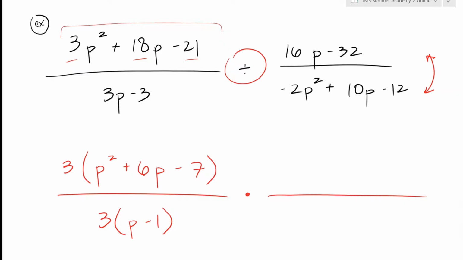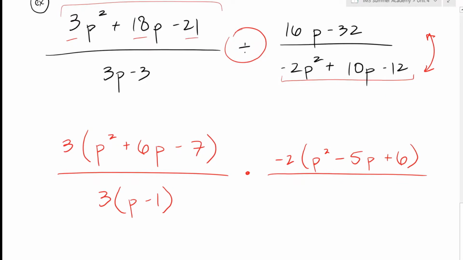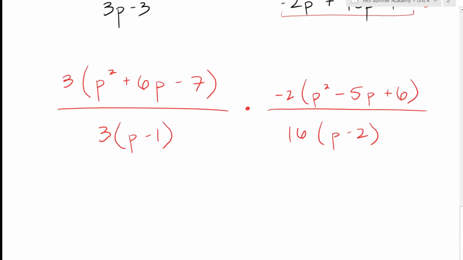Now this is going to be the top, and I can factor out a negative 2 from here, leaving me with p squared minus 5p plus 6. And now this is the bottom, take out a 16, leaves me with p minus 2. So I've done a little bit of factoring. I haven't fully factored because I still have to do an x factor here and an x factor here.